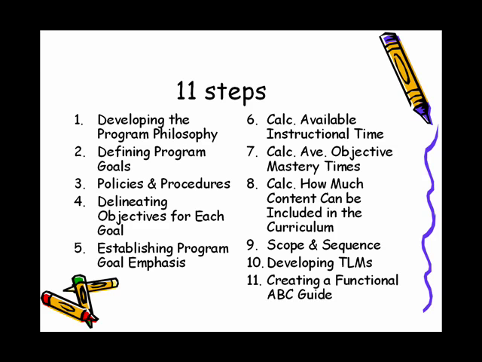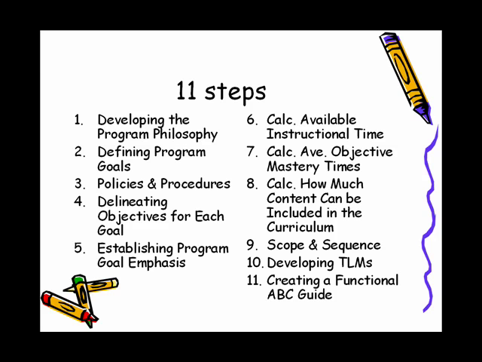Step 9, I call scope and sequence. In the textbook, they call it sequencing the content across the curriculum from the bottom up developmentally. This is how you're going to teach it and in what order you will teach it. Step 10 is an optional step that for our assignment is developing teaching and learning maps. How will you have your teaching maps for the whole school year?